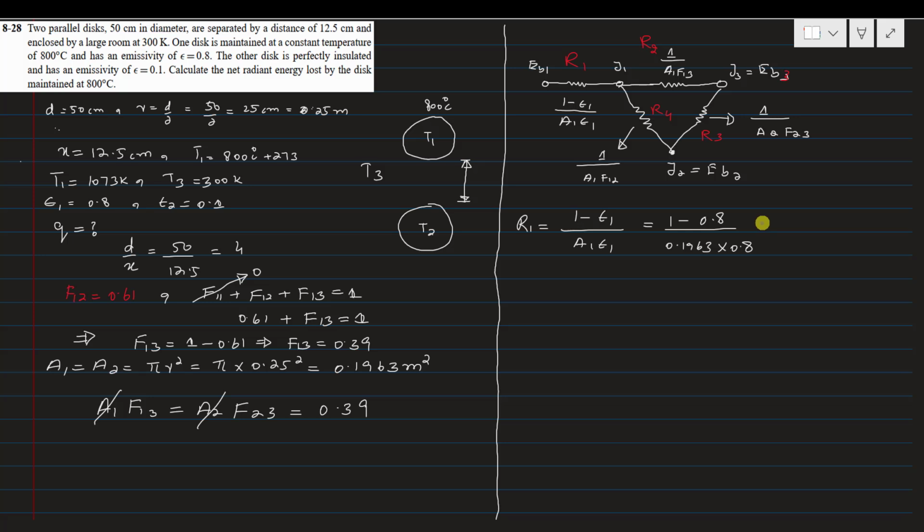After solving it, you will get the resistance R1 value, that is 1.2735.